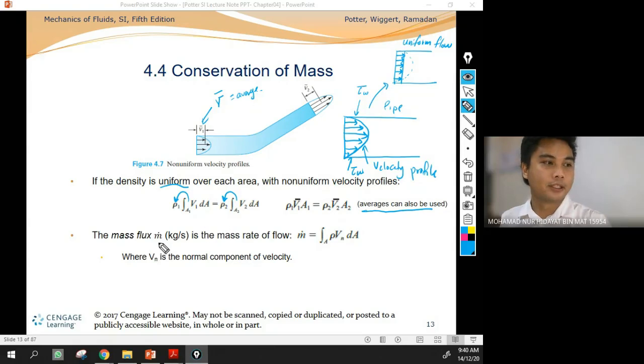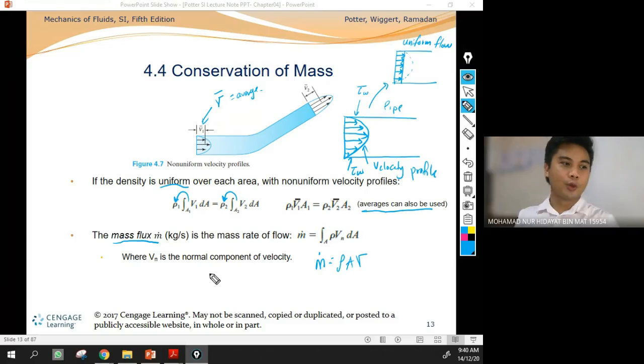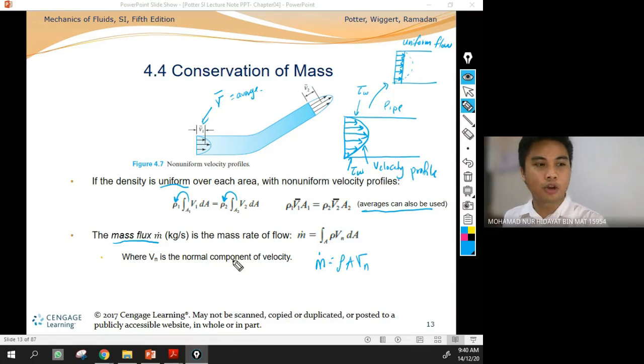So the mass flux here is the mass flow rate. Remember previously we solved that the mass flow rate is rho A V. So we have the rho, the normal velocity, and area, where Vn here is the normal component of velocity.